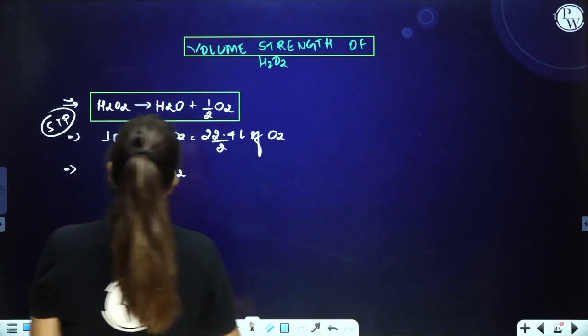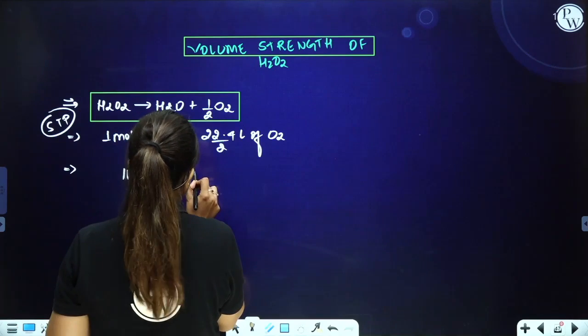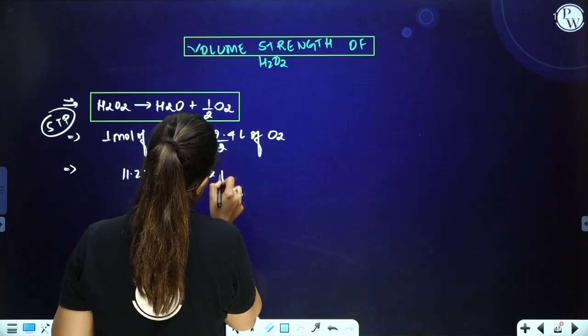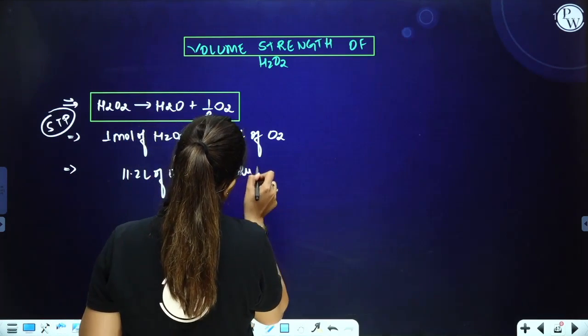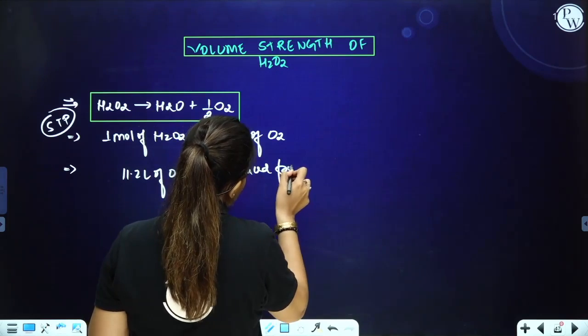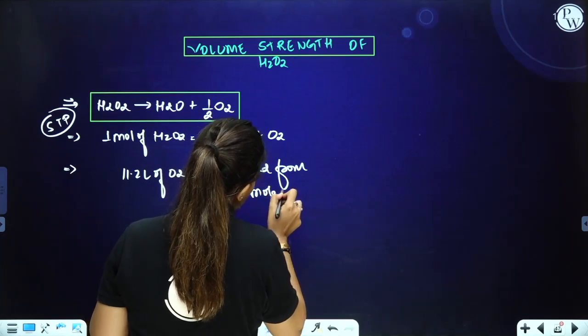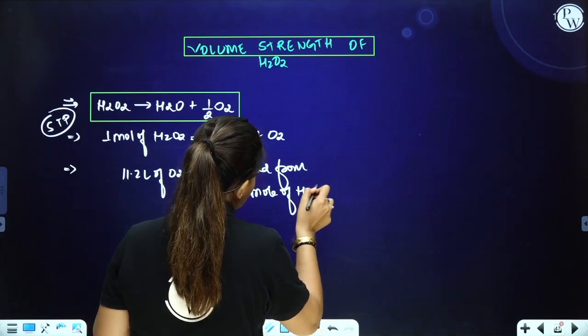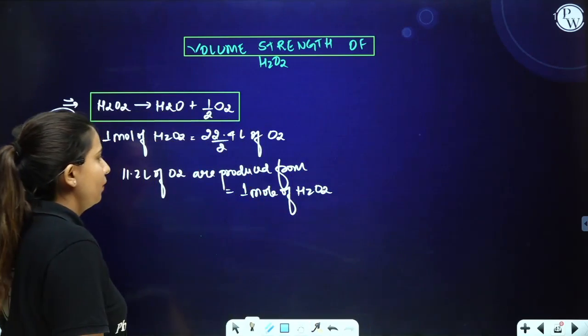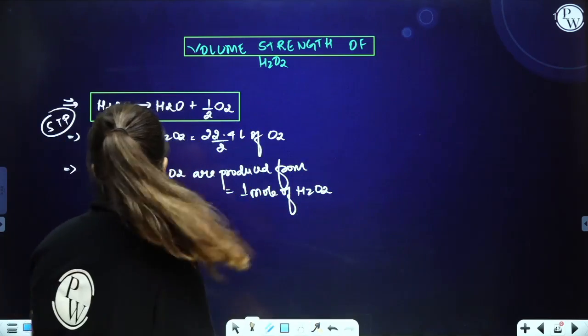Now, 11.2 liters of O2 are, I can simply say, produced from 1 mole of H2O2. Okay.